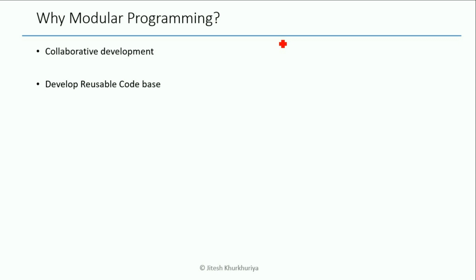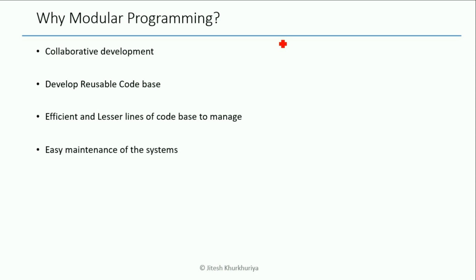And with that comes the advantage of lesser lines and very efficient code base. And once we have such a code base, no wonder it will be very easy to maintain as well. And we can easily rectify the bugs from individual modules without affecting or breaking something else.